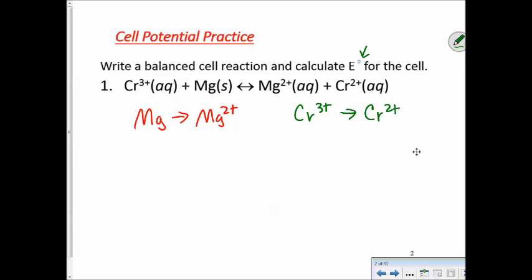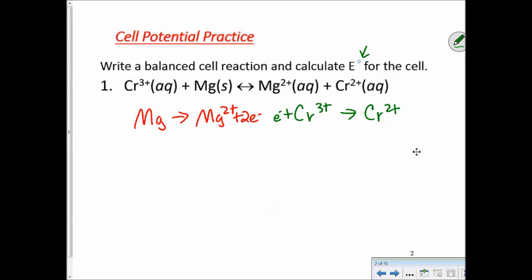So one of my jobs is to balance this. In order to go from Mg to Mg2+, what do I need to add there? That's 2 electrons, good. And for the chromium one, what do I need to add there? 1 electron over here.